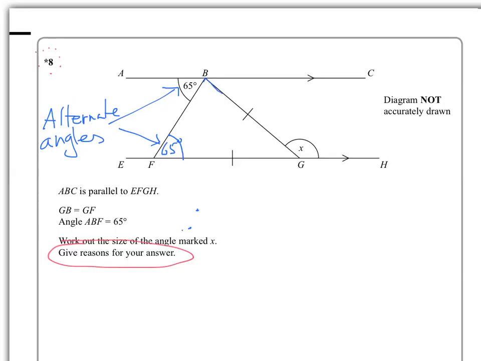Now this thing here is an isosceles triangle because we have these 2 little marks to tell us these sides are the same length. So that means that this angle here is also 65 degrees because this is an isosceles triangle.